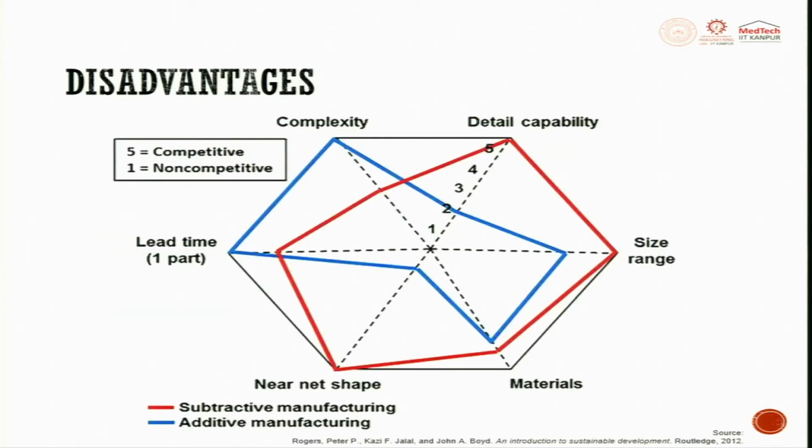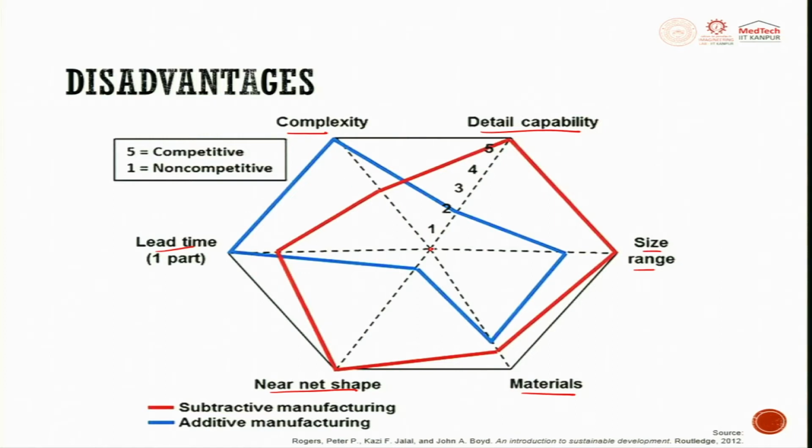So if we try to compare in terms of complexity, detail capability, size range, material and near net shape and lead time, this is a web diagram in which the center point shows the non-competitive, and towards the edges we go to the competitive. So the more the factor is towards the edge, the better it is.